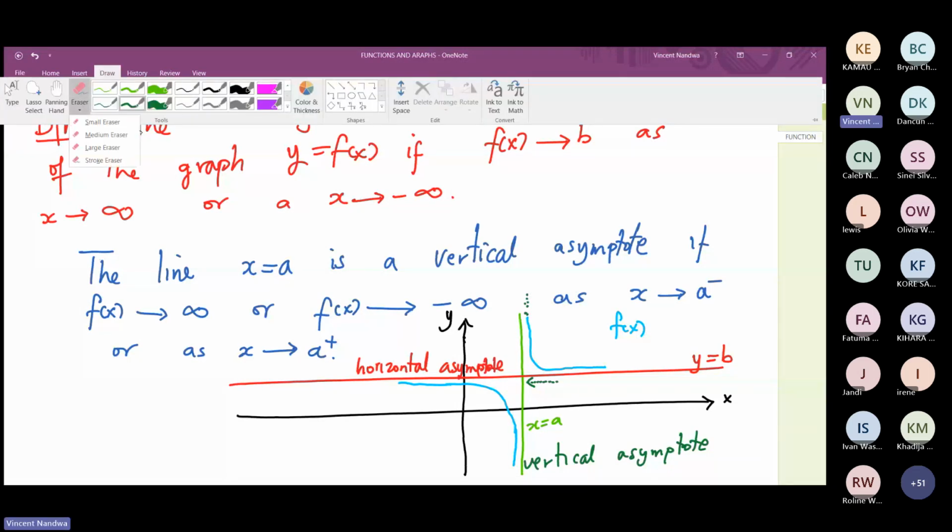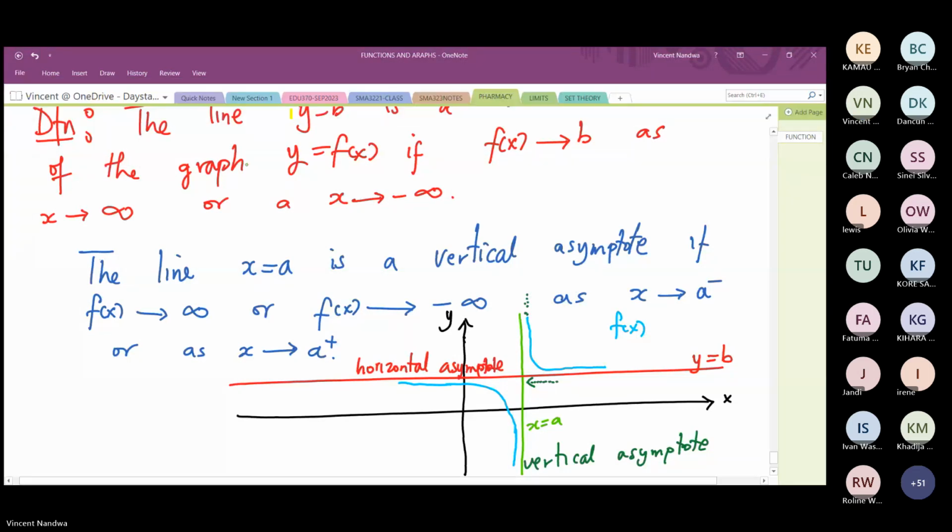I'll just extend this one to see it clearly.